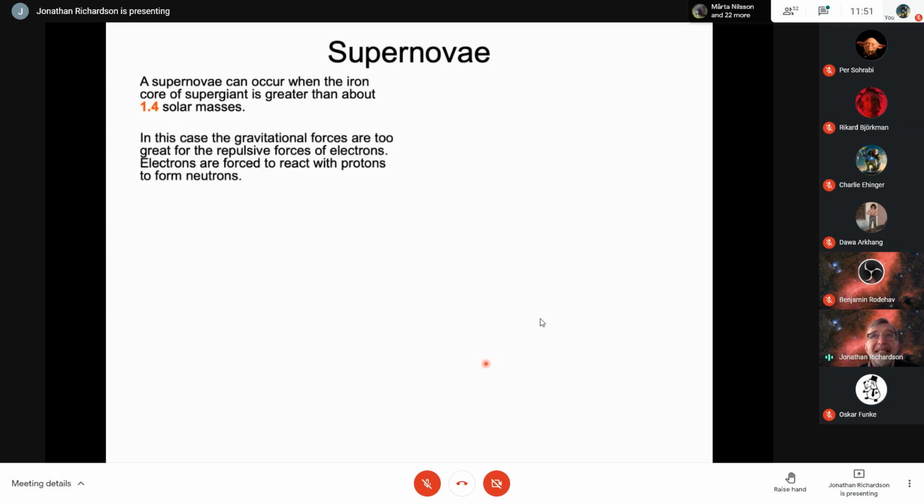So in this case, the gravitational forces of this heavy part of the star are too great for the repulsive forces of the electrons. And we get a decay process.